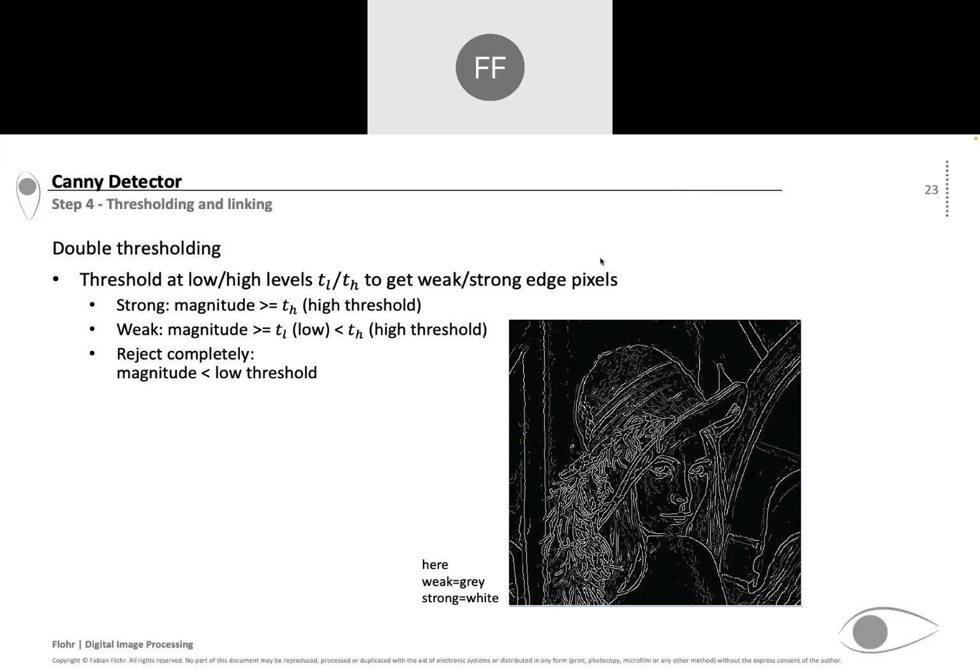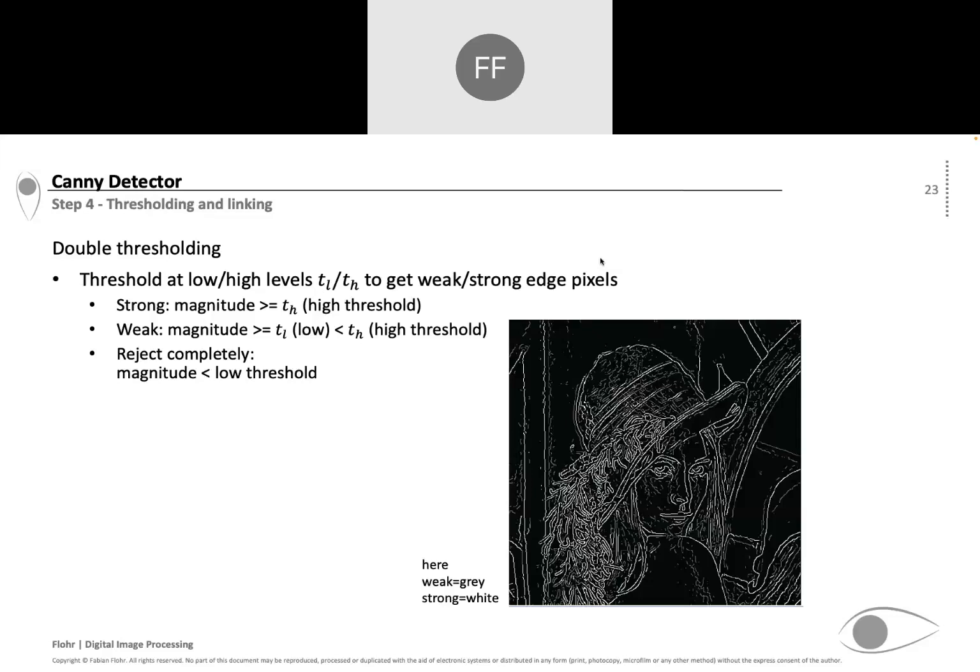So we use this double thresholding here with the low and the high threshold, and everything above the high threshold we accept immediately, and everything below the low threshold we reject immediately. And now we do something to decide what to accept between the low and the high threshold.